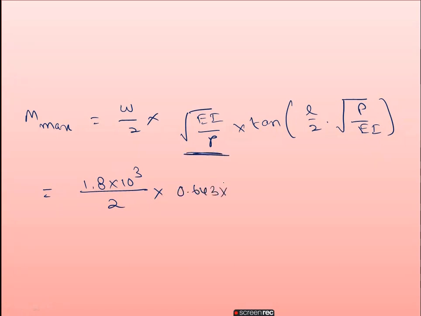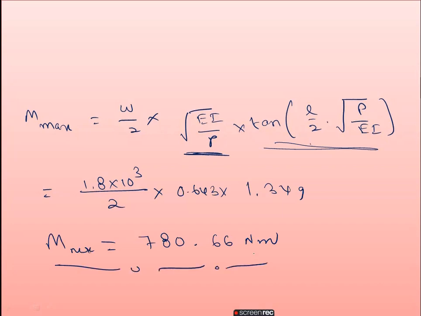Next, tan L by 2 into square root of P by EI, the value we got just now is 1.349. Once you calculate this, you will get the answer 780.66 Newton meter. This is the M max value.